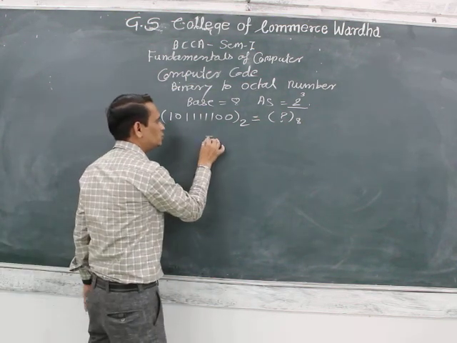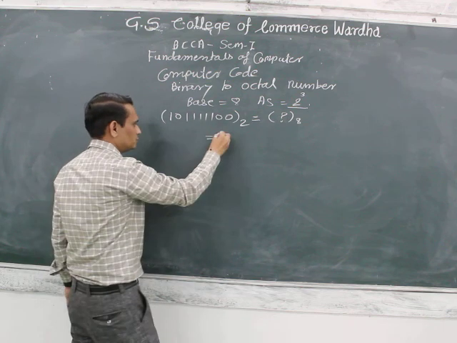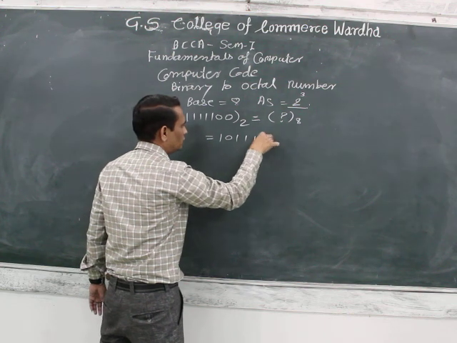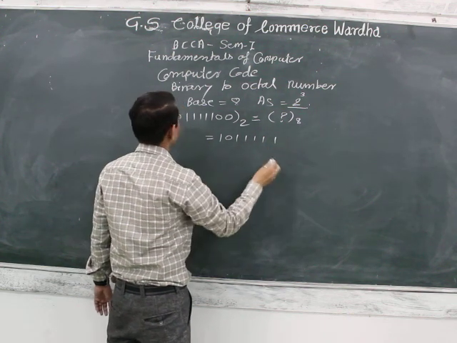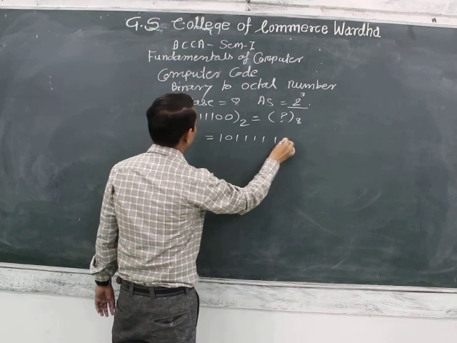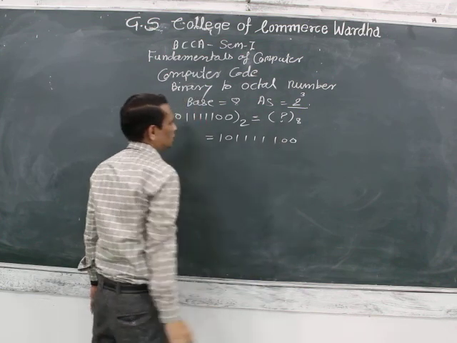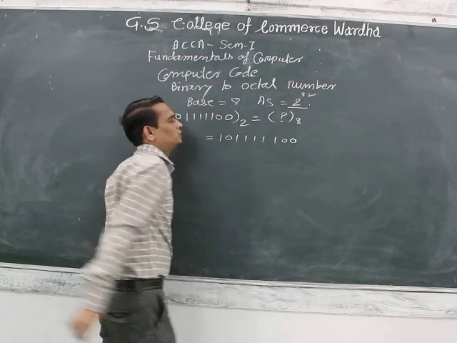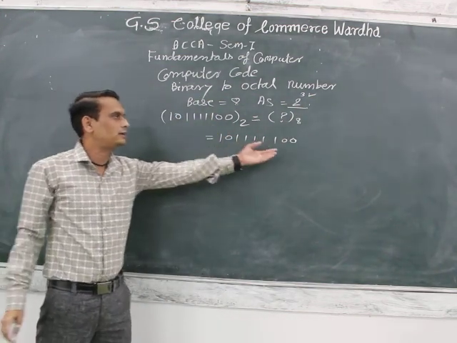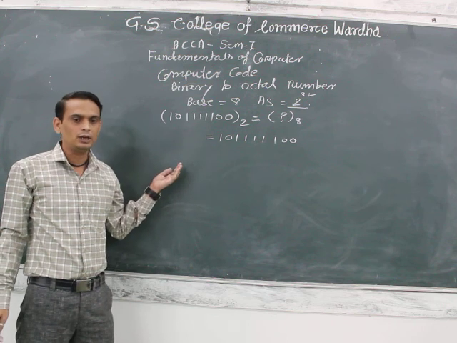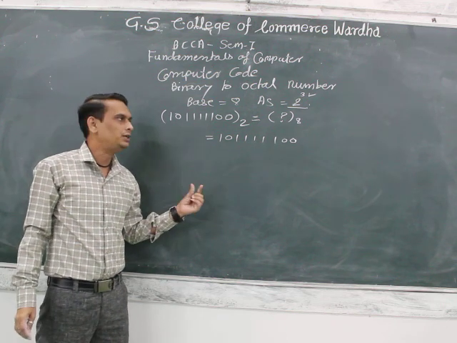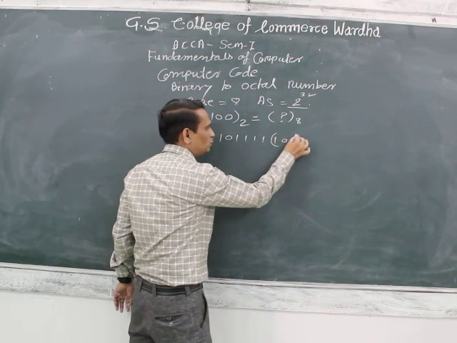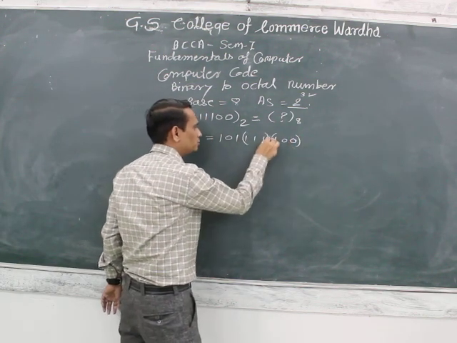So to convert these values, first write the binary number. Now we have 3 bits for conversion. So from the right hand side to left hand side, make a 3-bit group. So 3-digit group or 3-bit group.